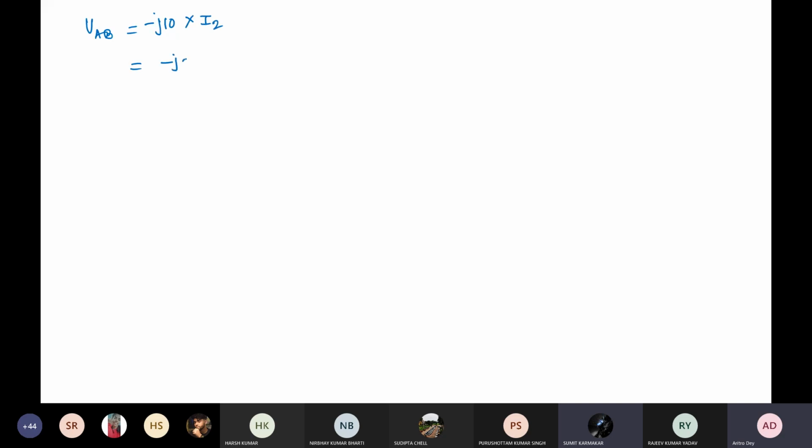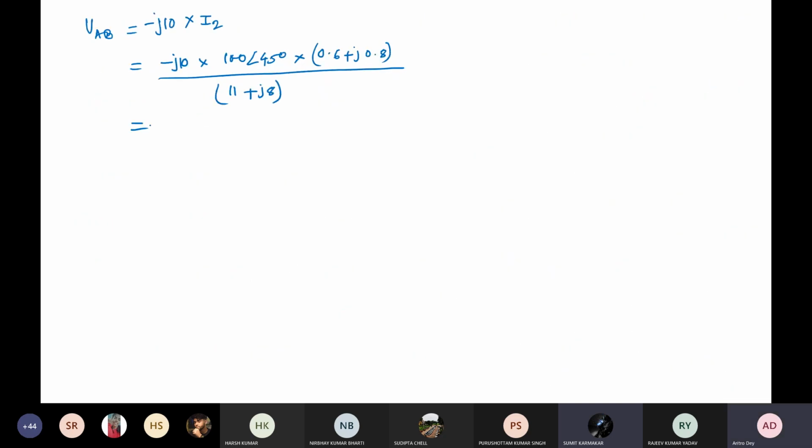So minus j10 into I2, we got it in terms of this. So it is 100 angle 45 into 0.68 plus j 0.8 divided by 11 plus j8.